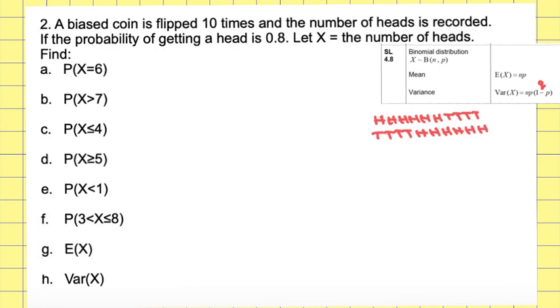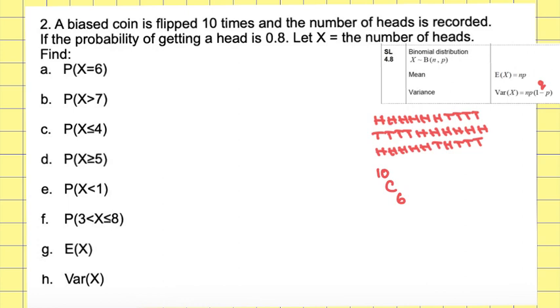That's another possible outcome. Or I could get head, head, head, head, head, tail, head, tail, tail, tail. Flipping a coin 10 times, there are loads and loads of different combinations that I could get. In fact, there are 10 choose 6 different ways I could get 6 out of 10.